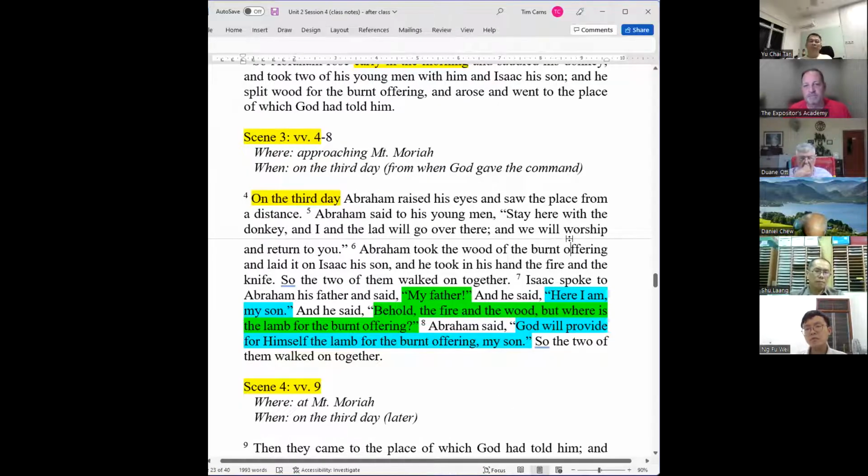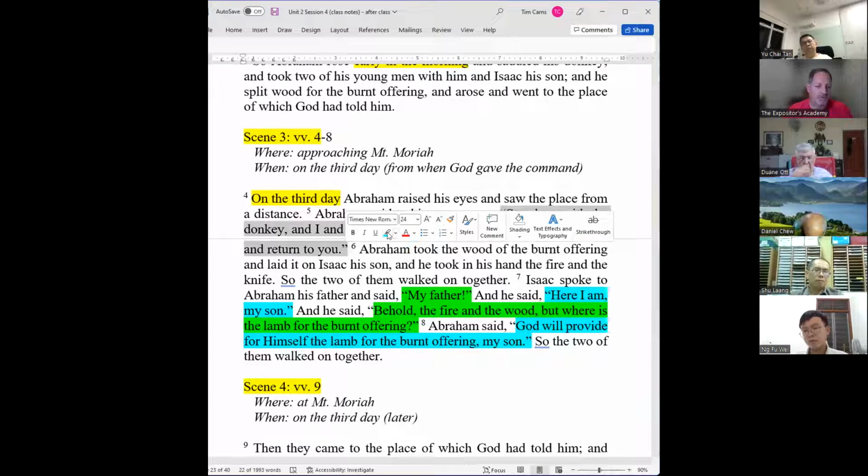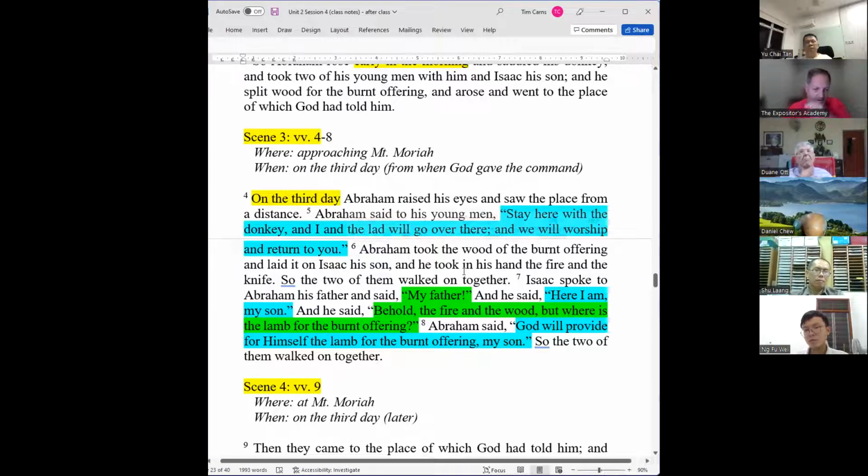And then that's it. Also Abraham's statement to the young men is given as well in this account. But of all that happened on the third day, it's just this short conversation that Moses tells us about.